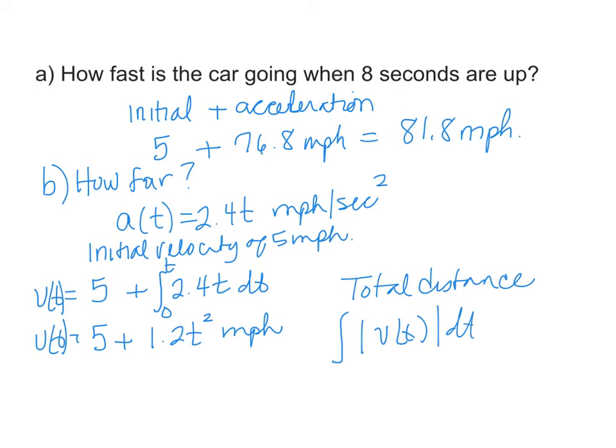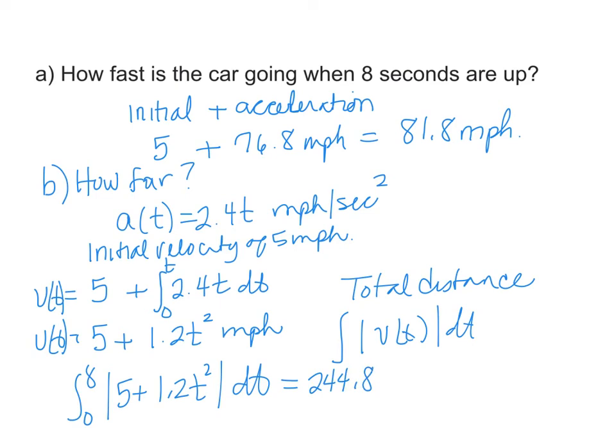So if we substitute, we have the integral from 0 to 8 of the absolute value of 5 plus 1.2 t squared dt, and we're going to end up with 244.8 miles per hour per second. And so this miles per hour we're going to need to convert. And that'll be on the next screen.